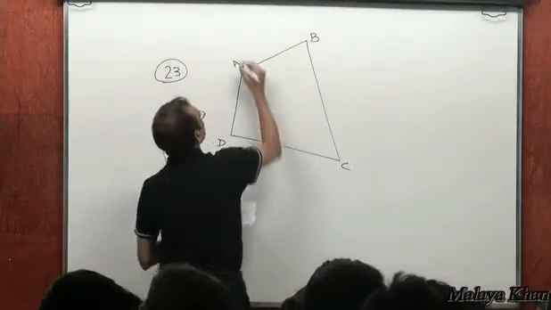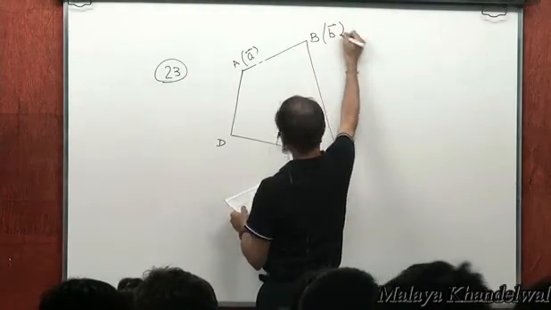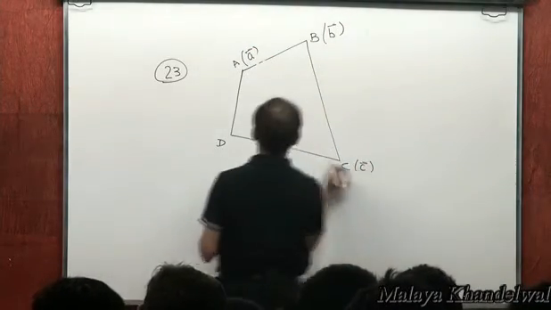So, A, B, C, D are the position vectors of the vertices of a cyclic quadrilateral.